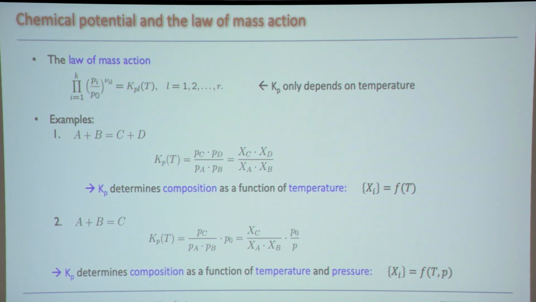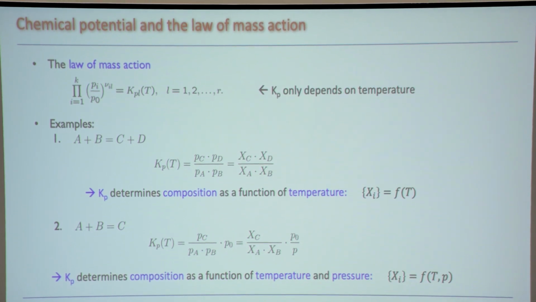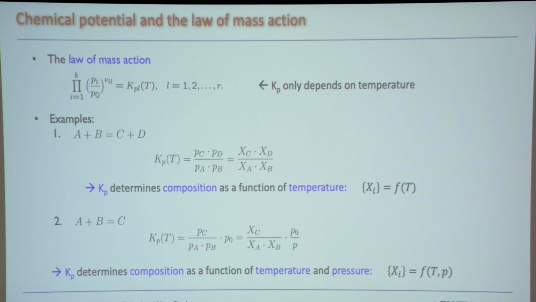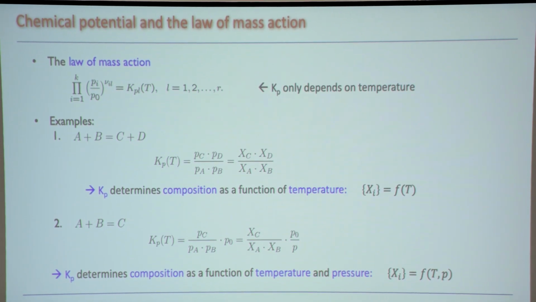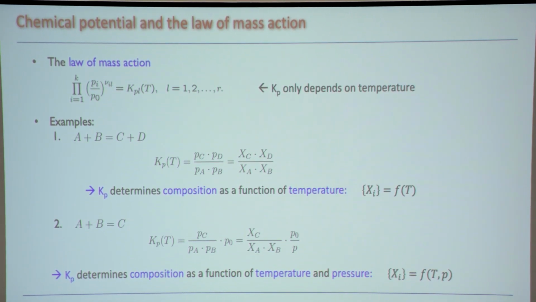And if I want to convert this to mole fraction, I need to multiply it with P squared and divide it with P. And then one P0 divided by P is left over. So if I want to express the composition in terms of mole fraction, then it depends on pressure. So the composition is not independent of the pressure. That's the point. Especially when I have non-equimolar reactions, there's always a pressure that's left over.